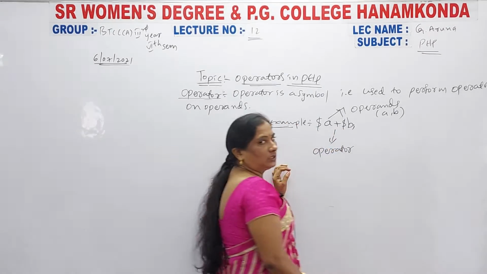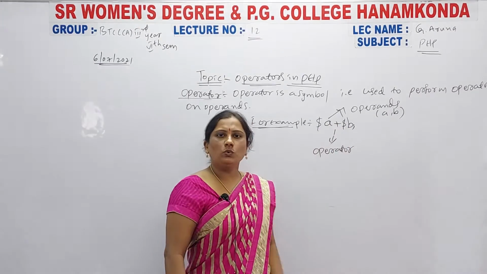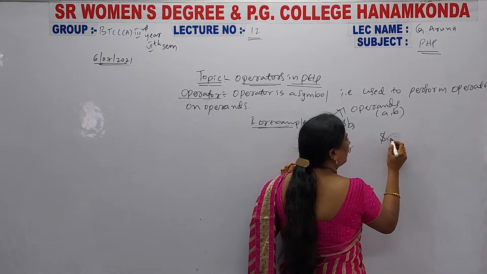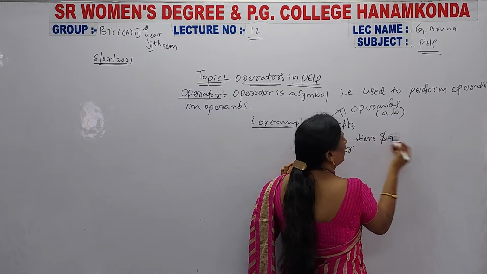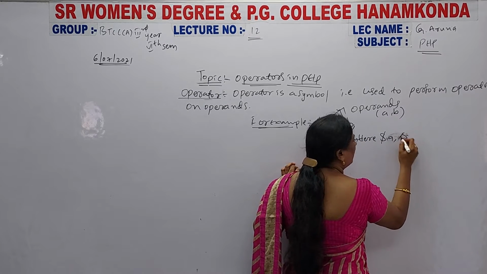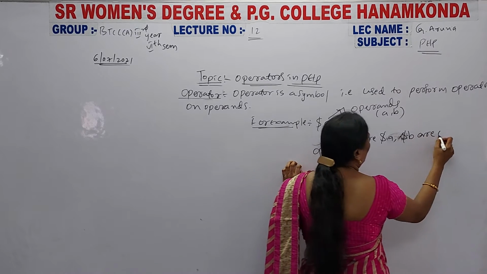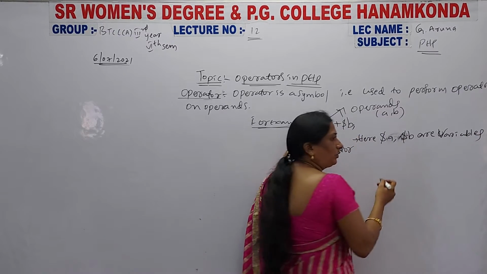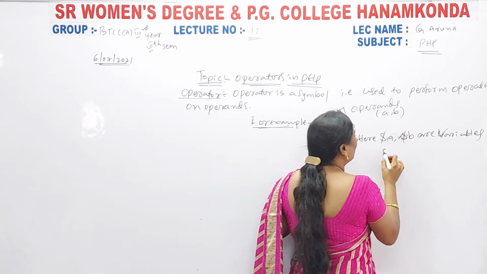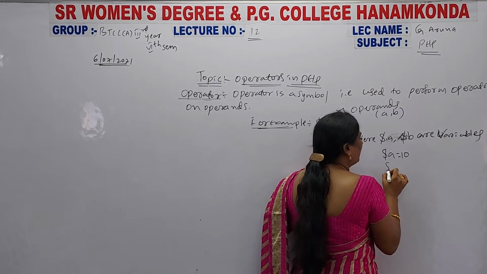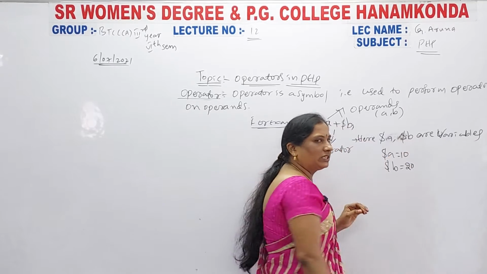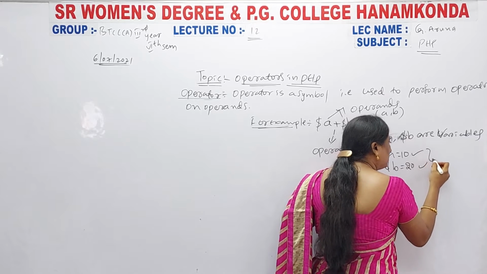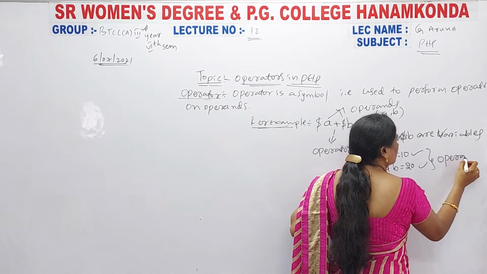For example, dollar A is equal to 10 and dollar B is equal to 20. When you assign values to these two, they are called operands.